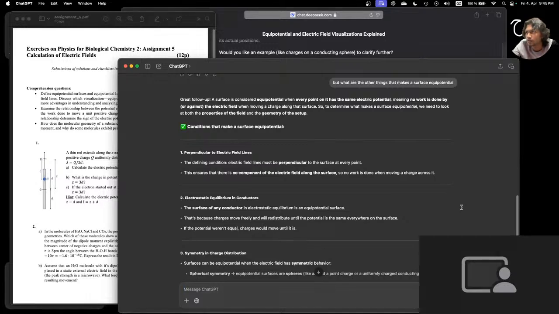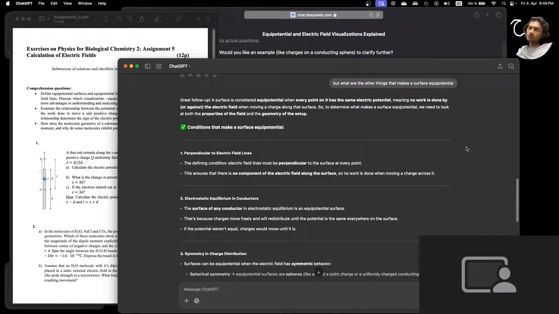Meaning no work is done by the electric field. So, if I understand the term electric field, it's something that... Electric field lines must be perpendicular to the surface at every point. The electric field lines must be perpendicular to the surface.